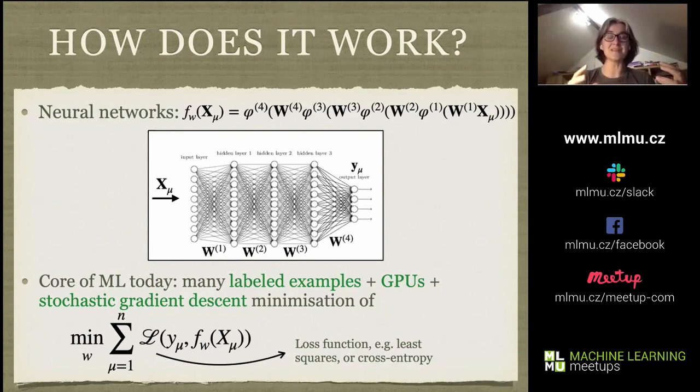We sum this distance up over all the examples, all the samples, all the pictures in the training data set that we had. And then we take one element of all these W's, compute a gradient with respect to that element. And we do that for all the elements. And then we change a little bit the W from those initial completely random values towards the direction of the gradient.